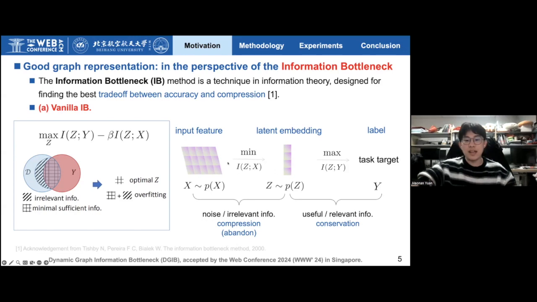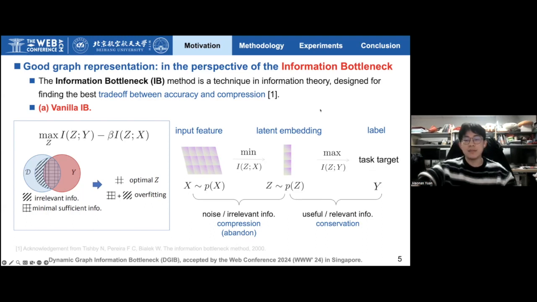This is a 2-stage process. The first stage, known as the noise or irrelevant information compression stage, is to minimize the mutual information between the input X and the intermediate variable Z. And the second stage, known as the relevant information conservation stage, is to maximize the mutual information between the intermediate variable Z and the target label Y. This is a process of mutual conditioning, and eventually a balance between the 2 stages is reached.